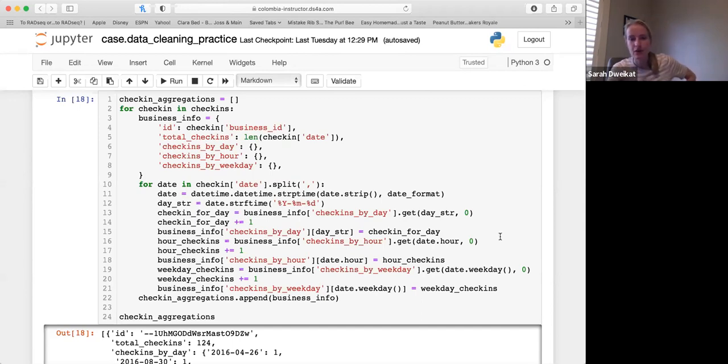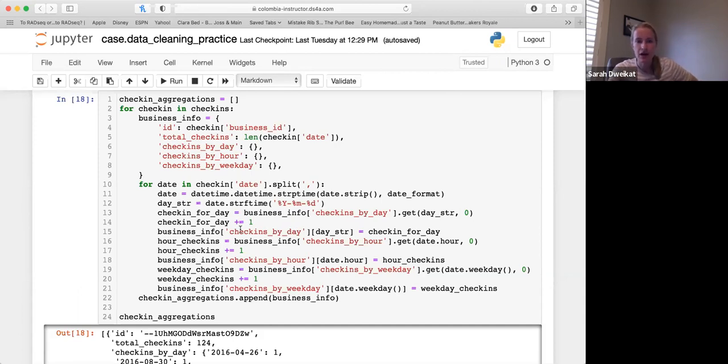So we either want to get the day in string format or return a 0. And then we want to add 1 to this check-ins for day. So we continue with adding to our check-ins by day.